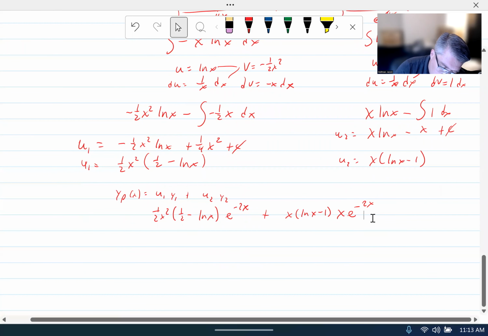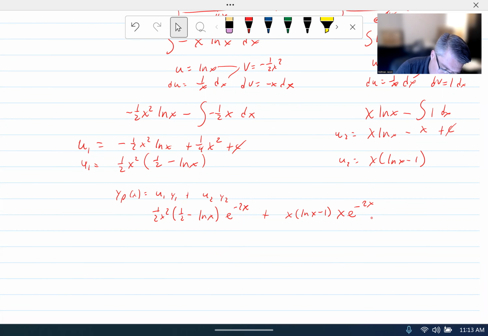Okay, so I could factor out of that an x squared and an e to the negative 2x times 1/2. I'm going to distribute this back. This 1/2 is 1/4 minus 1/2 natural log of x, plus natural log of x minus 1.